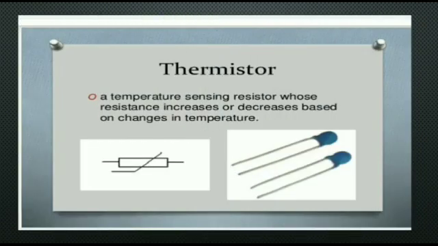The next component is the thermistor. This is the picture of the thermistor, and this is its symbol. It is a temperature sensing resistor whose resistance increases or decreases based on changes in temperature.